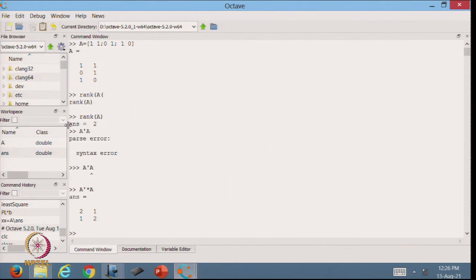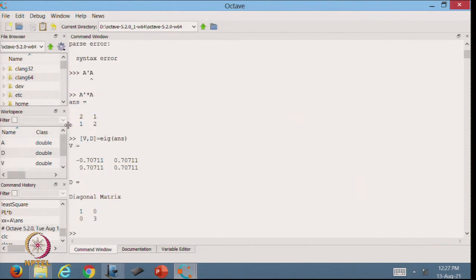Now I can find the eigenvalues of A transpose A and the corresponding eigenvectors. I write V and its diagonal matrix D equal to eig of my answer. By using this I can find the eigenvalues and the corresponding matrix made up of eigenvectors.